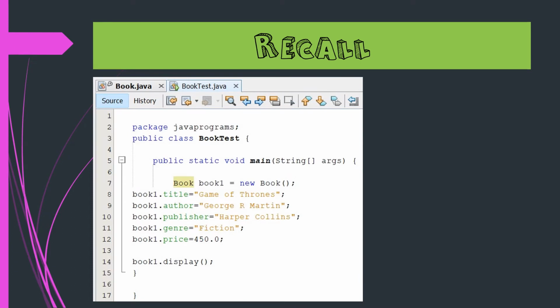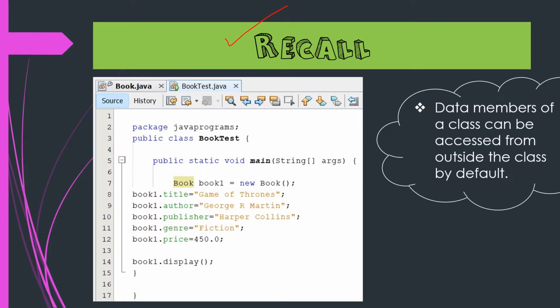Before we learn about access modifiers, let us recall a concept from the previous video. We had discussed an example of the Book class and the BookTest class, in which we accessed the data members of one class from another class.